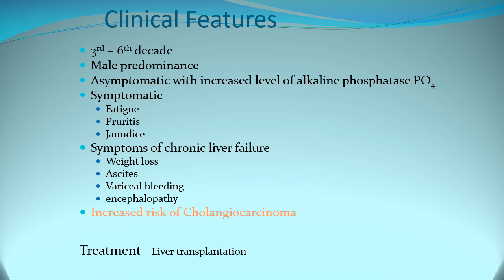In the symptomatic stage, there will be fatigue, pruritus, and jaundice. And symptoms of chronic liver failure may be there, with weight loss, ascites, variceal bleeding, and encephalopathy. And this one is most commonly associated with cholangiocarcinoma. As for the treatment, liver transplantation will be required for this.